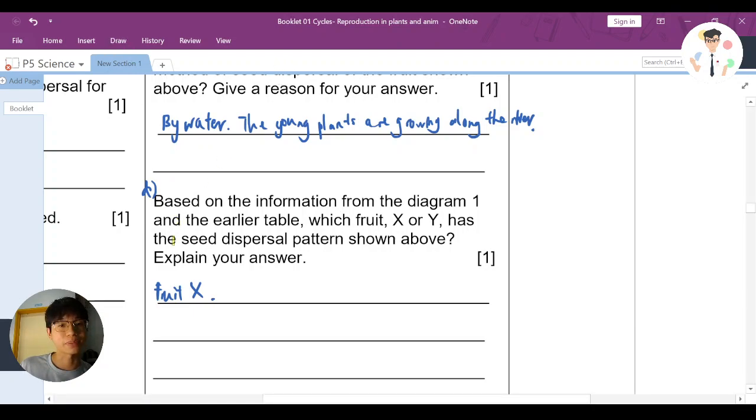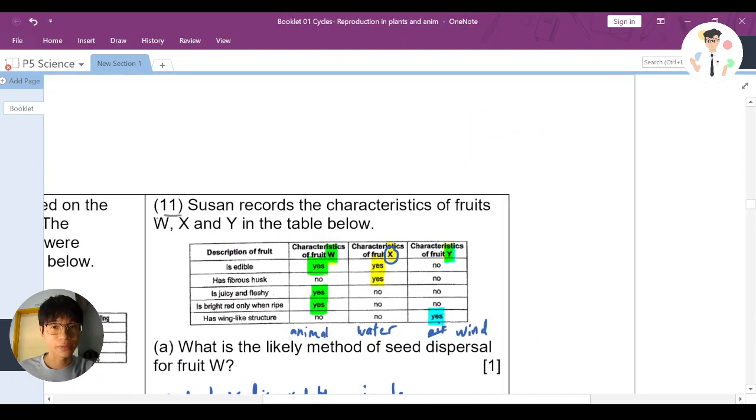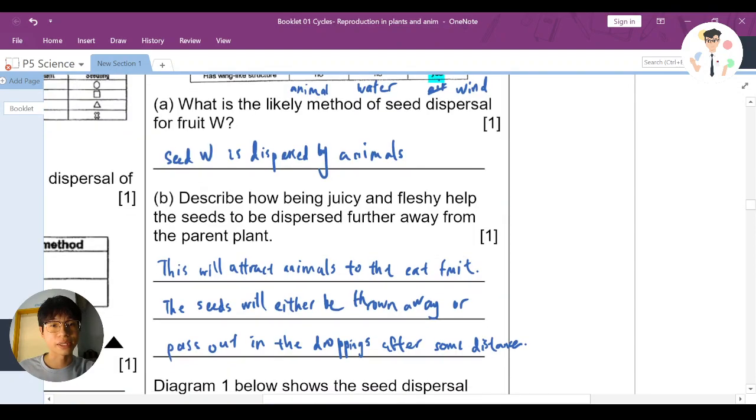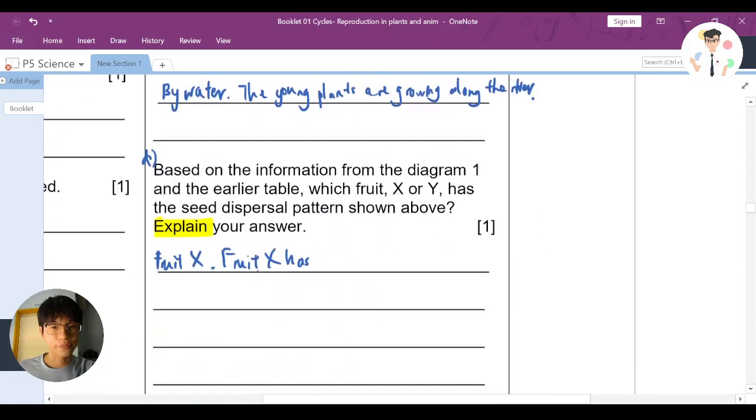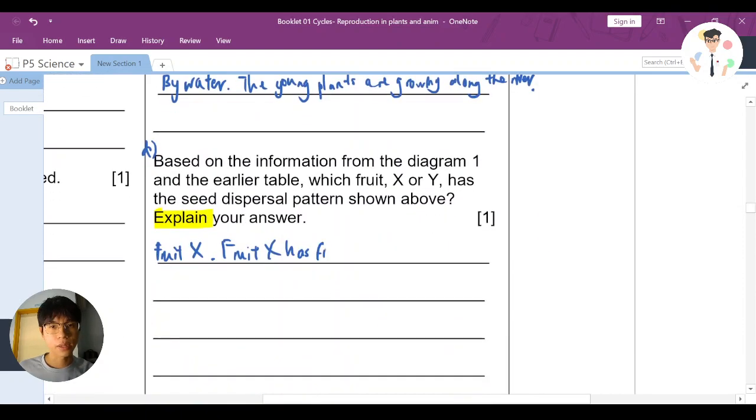But the question continues to ask us to explain our answer. You need to explain that fruit X has a fibrous husk, as we see above. But how does this help?